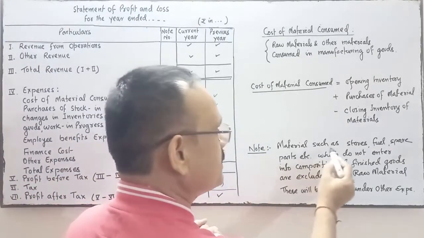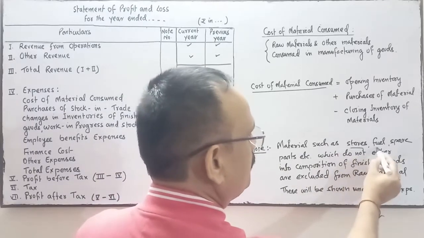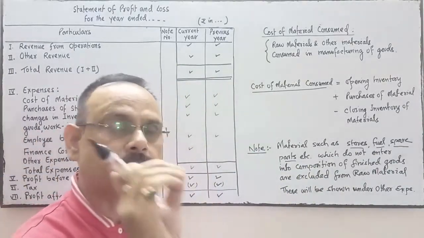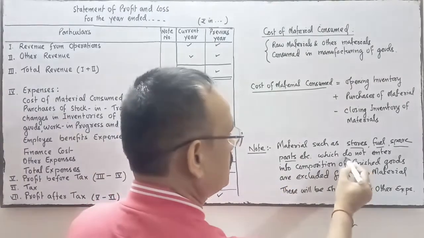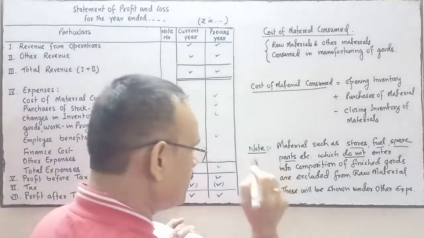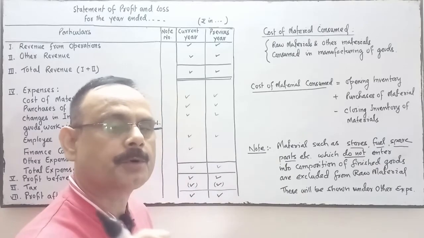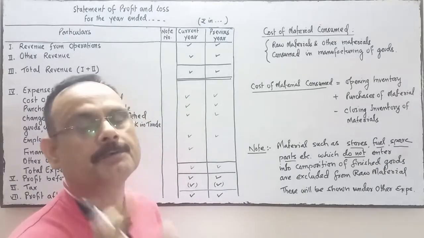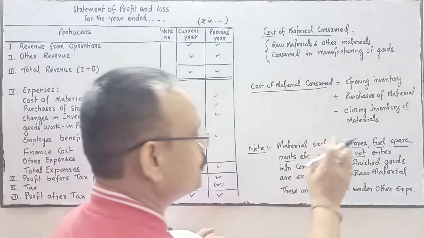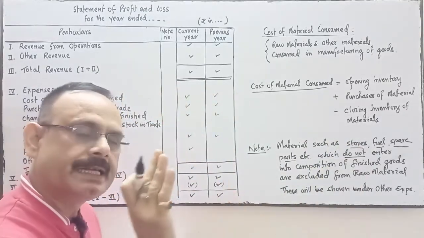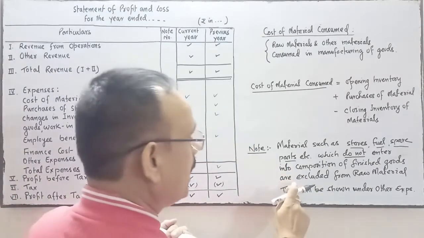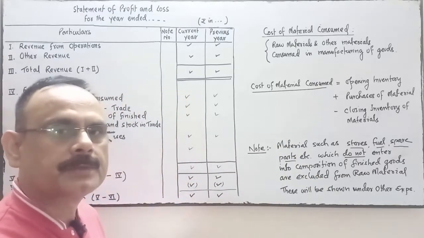Materials such as stores, fuel, spare parts, etc., which do not enter into the composition of the finished product or finished goods, are excluded from raw material.